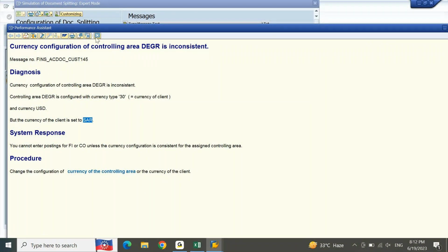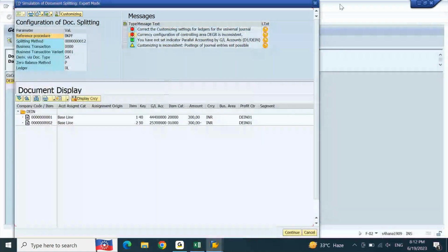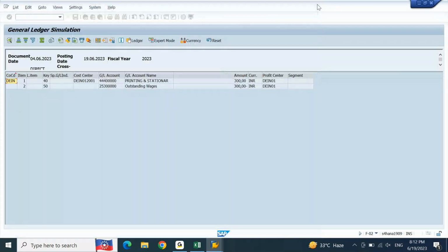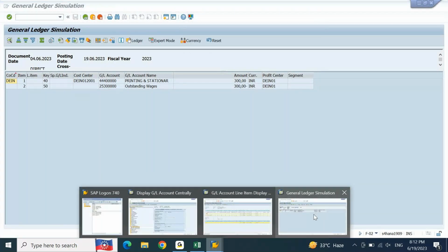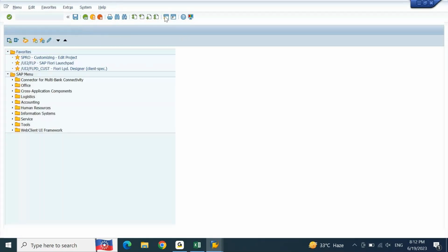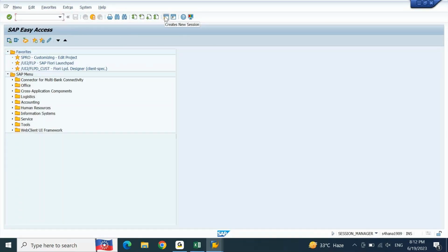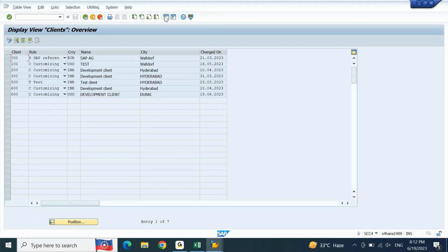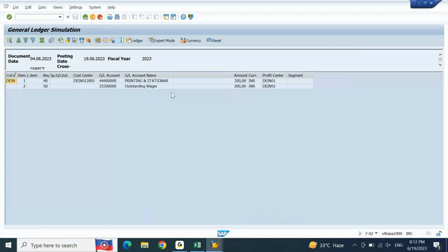We need to put that as dollar. So always make sure whenever you play with the group currency, let it be dollar only, because group currency is at client level. If you change group currency, it's already dollar here. Then what is this talking about?